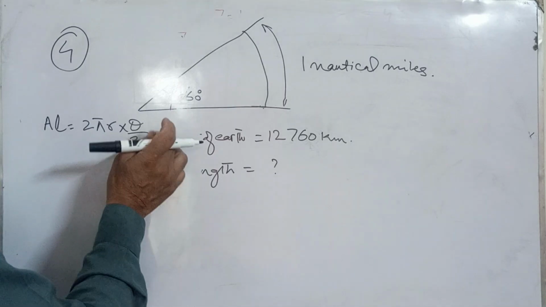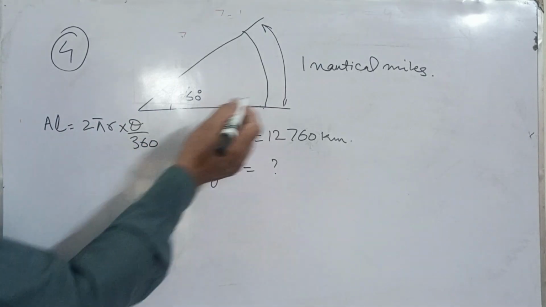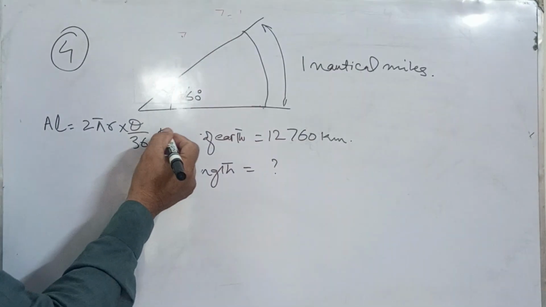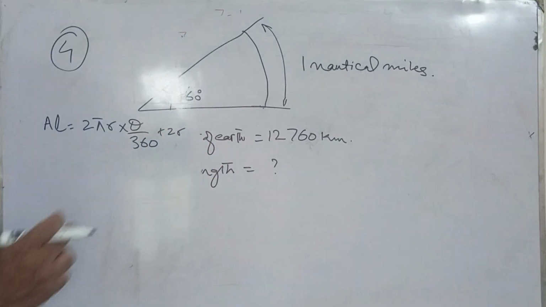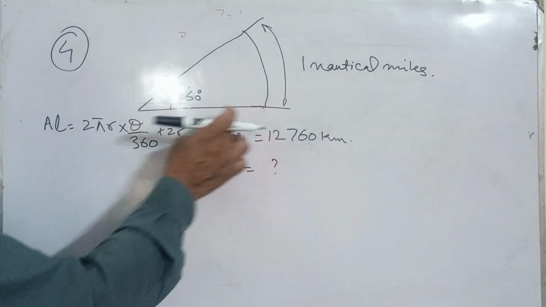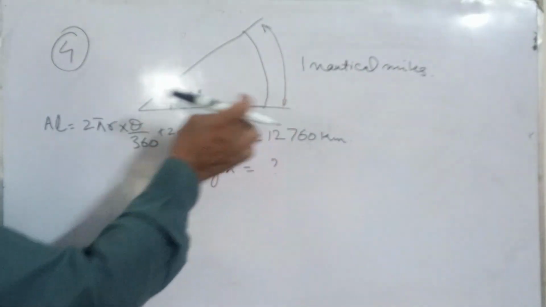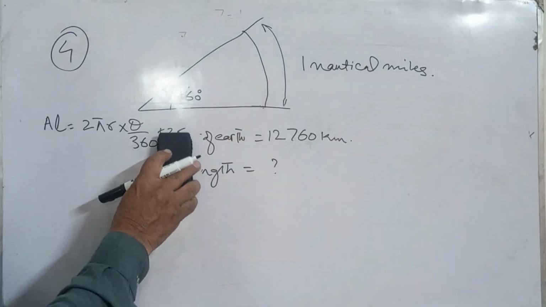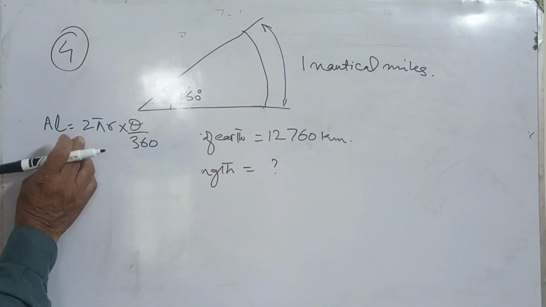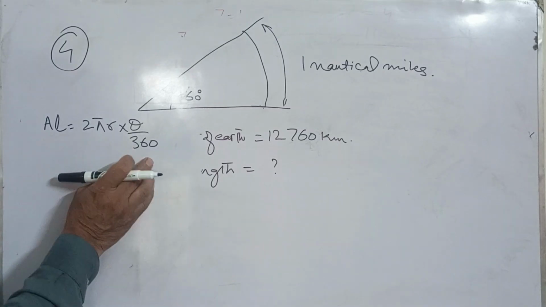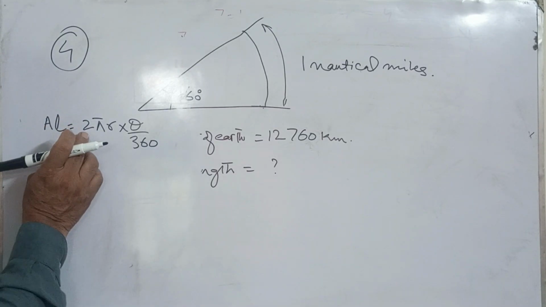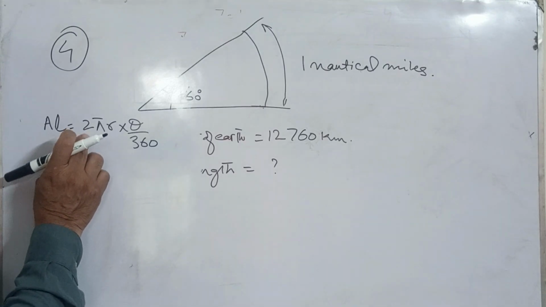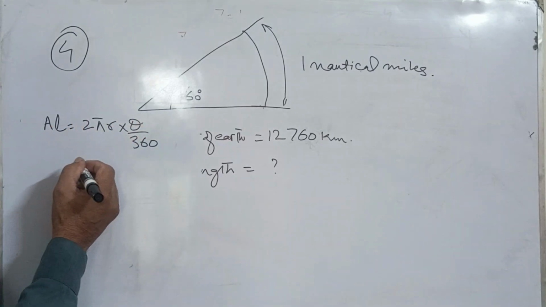And if we wanted to find the perimeter, we would have to do it differently, but since we don't have to find the perimeter, that is not included. Only when the arc length is to be found, we use this formula, 2 pi r theta upon 360.